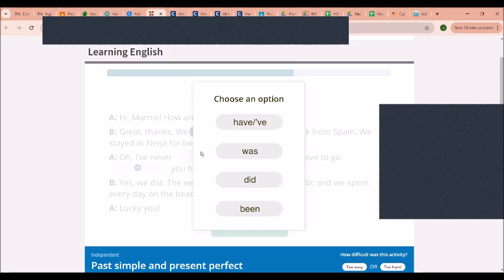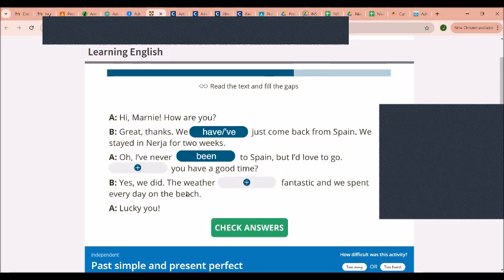I've never been to Spain, but I'd love to go. All right. Now past simple.